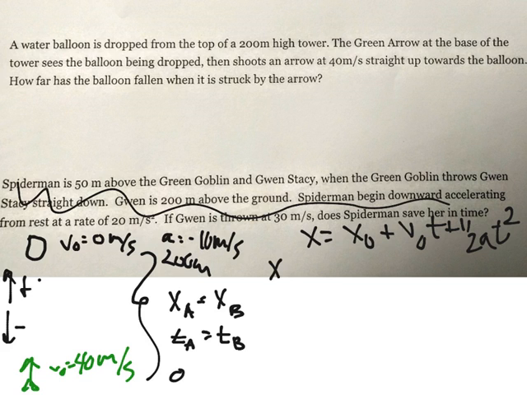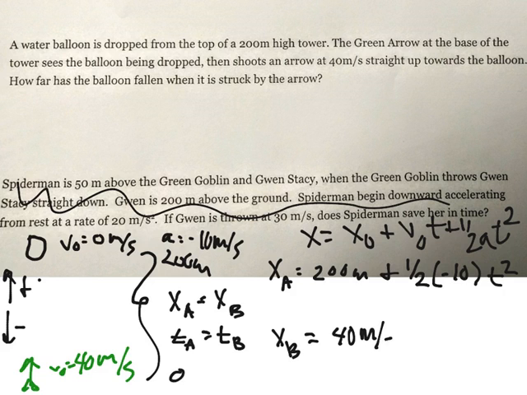For xa, we have x naught is 200, but its initial velocity is 0, so we're not going to include the initial velocity, plus 1/2 times acceleration, negative 10, t squared. For xb, you're going to have no initial position. The initial position is 0, so we're just going to talk about its velocity, which is 40 meters per second times t, plus 1/2 negative 10 t squared.